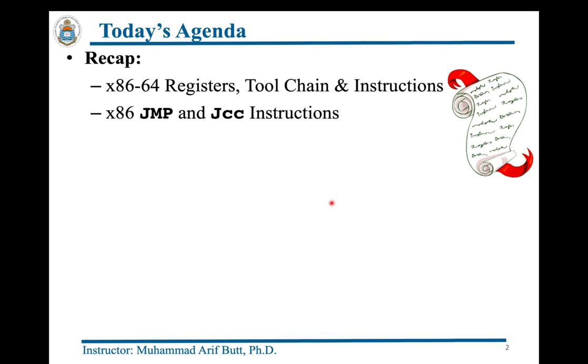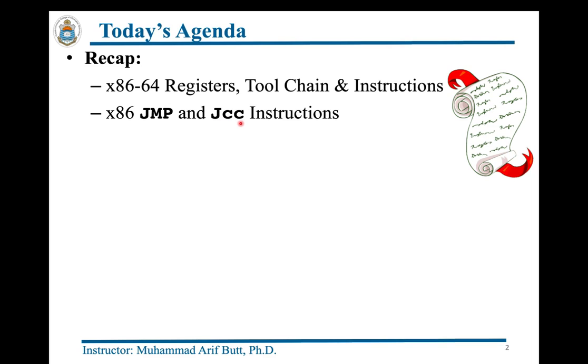Today's session is a continuation of the previous session in which we discussed how the flow of execution of an assembly program can be changed using the unconditional JMP instruction and different signed and unsigned conditional JCC instructions, where CC is the condition code for the jump.